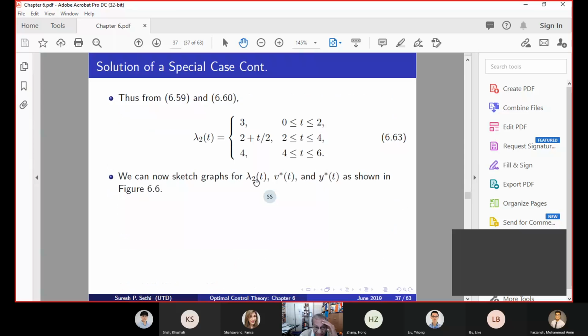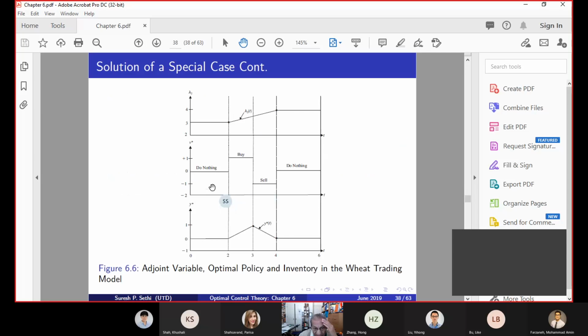So now what we can see, forget this because we can do the picture. So now we can see that we kept lambda at 0 here. We kept lambda equal to 3 here. We kept lambda equal to 4 here. Lambda increased by a slope of half. It went from 3 to 4 in that interval.